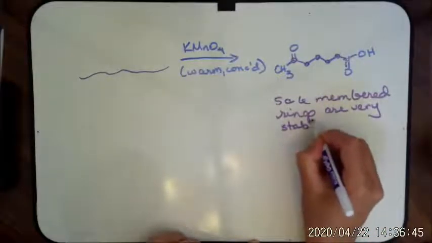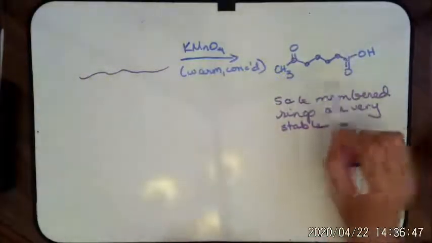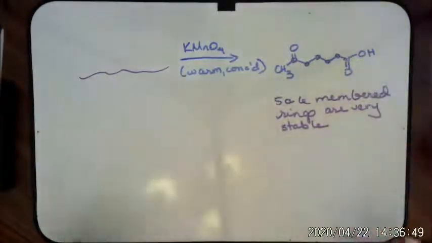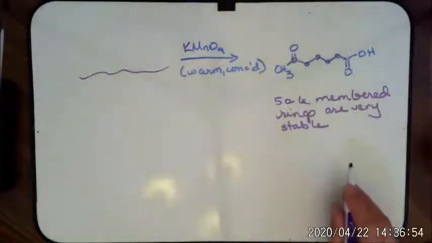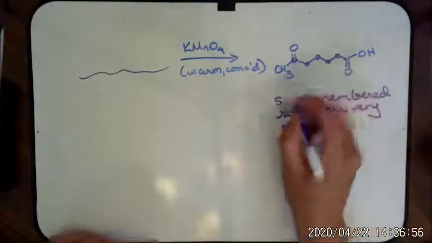So you're more likely to get a 6-membered ring than to get a 12-membered ring if I use 2 of these. So let's work backwards.